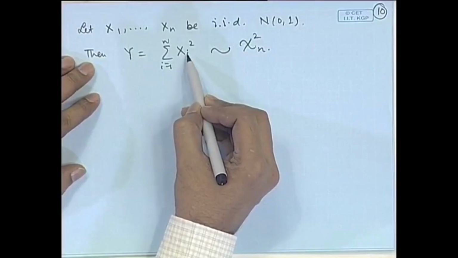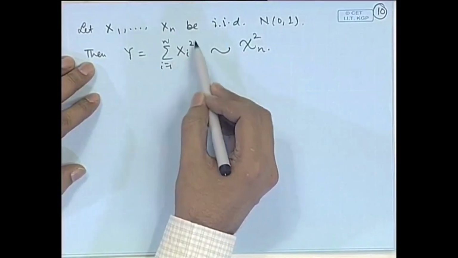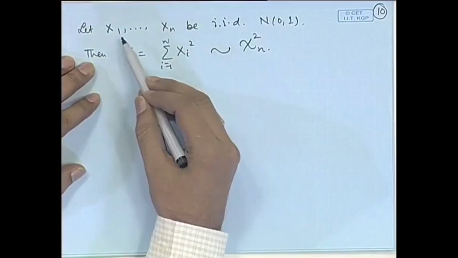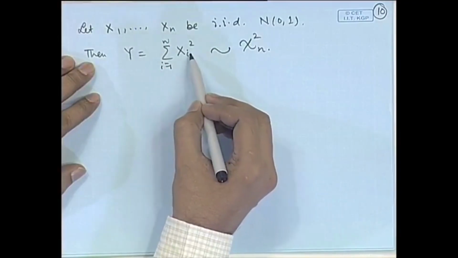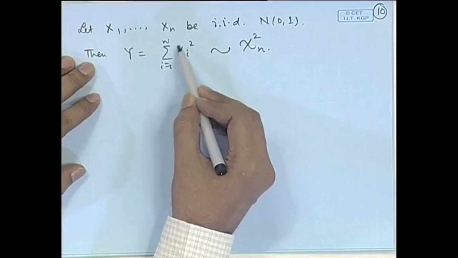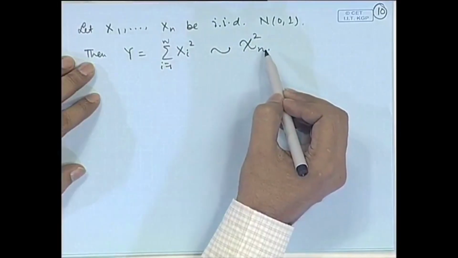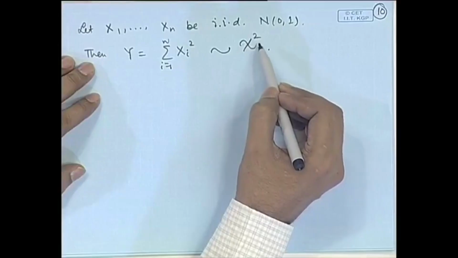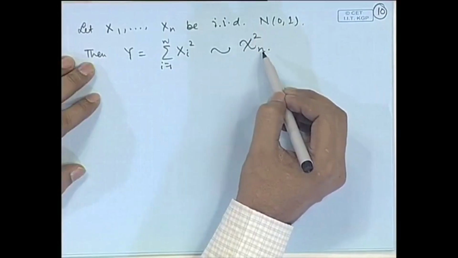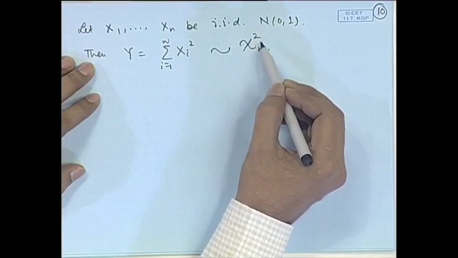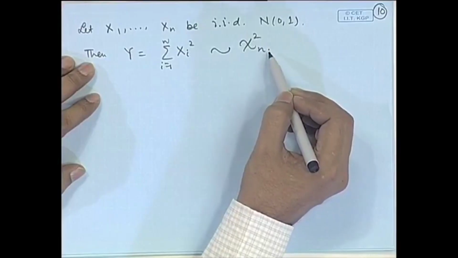Since we have already proved each of the x i square is chi square 1. If x 1, x 2, x n are independent, then x 1 square, x 2 square, x n square are also independent. Therefore, the distribution of the sum will be the chi-squares added, and since chi-squares are satisfying an additive property, this becomes chi-square n distribution.